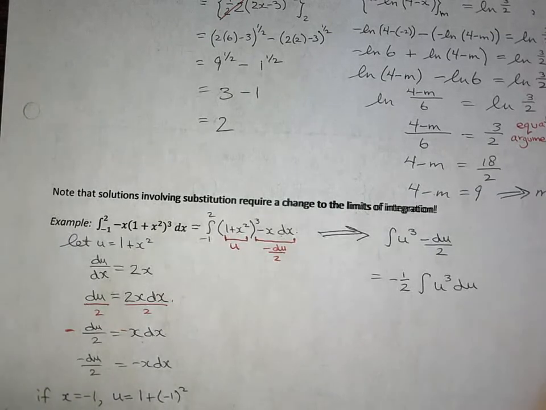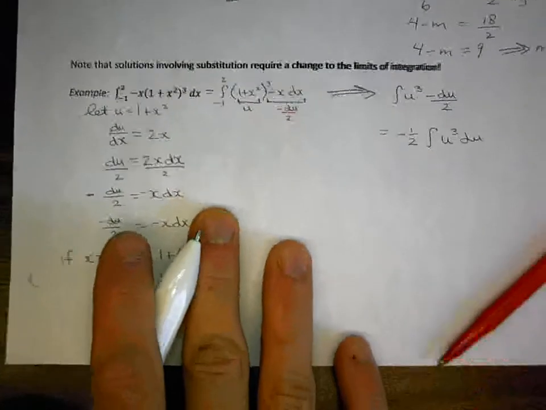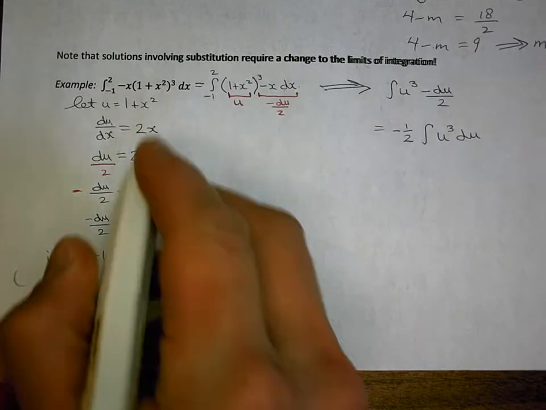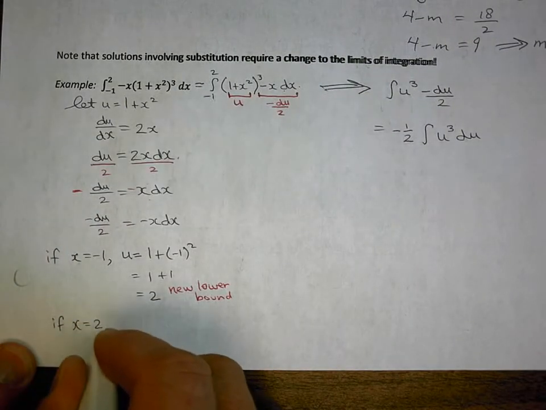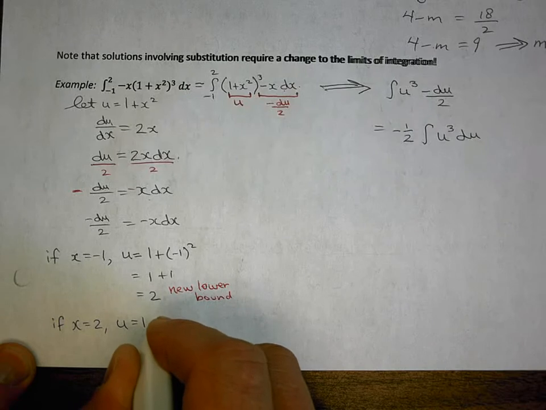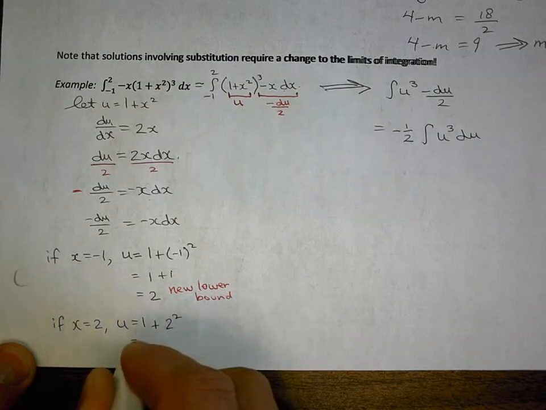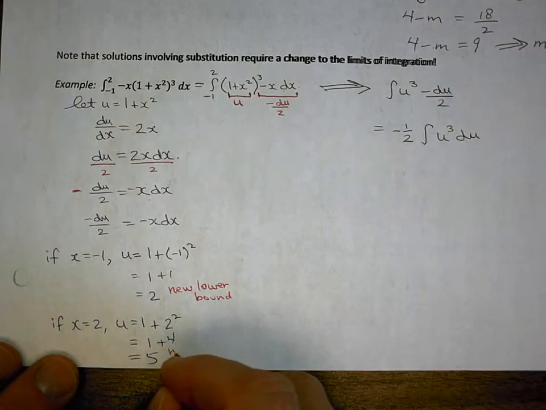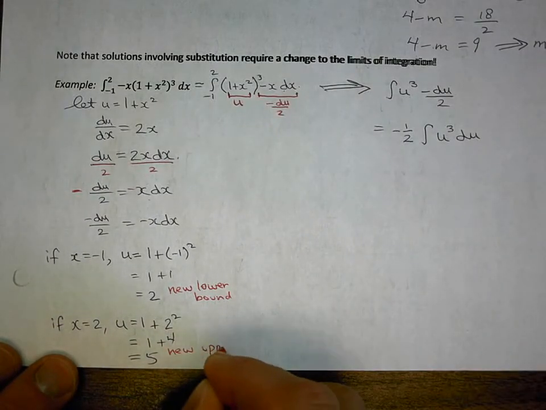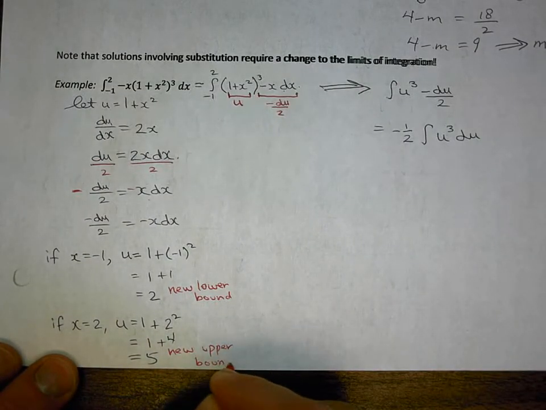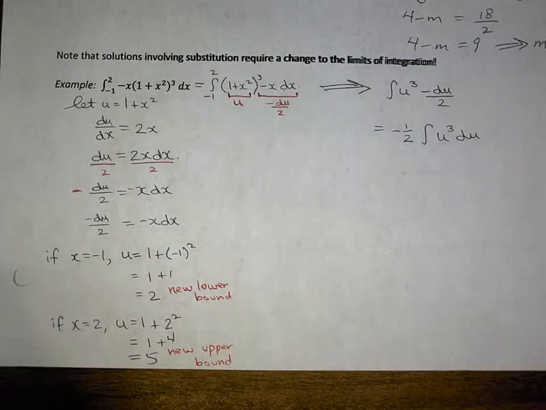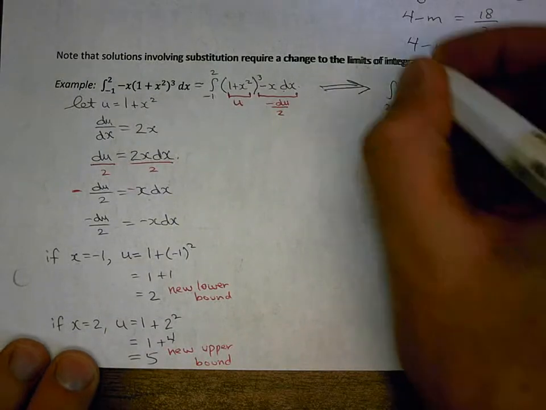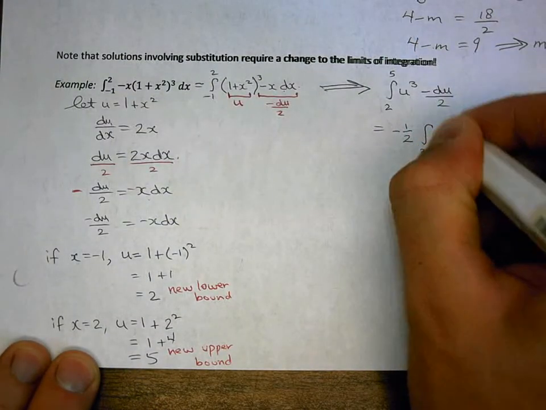Similarly, for the other bound, x is equal to 2, sub that in, so you get 1 plus 2 squared, which is 1 plus 4, which is 5. That's the new upper bound. So now, let's bring those up here. This is a 2, this is a 5.